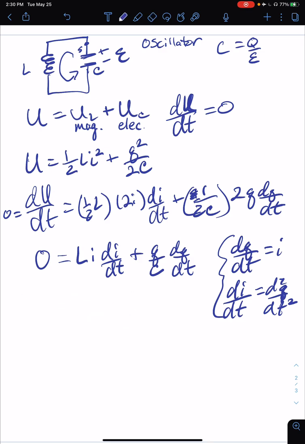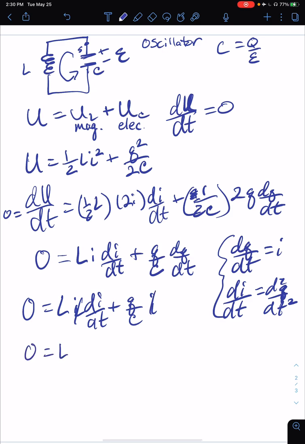If dq/dt is i, let's write that. Let's not mess this up. L times i times di/dt plus q over C times i. So look, both i's cancel out, and we're left with L di/dt plus q over C, and the whole thing equals zero.